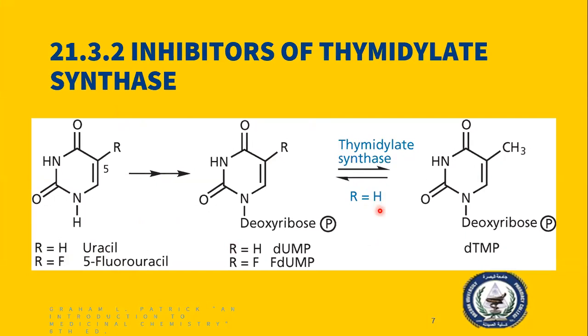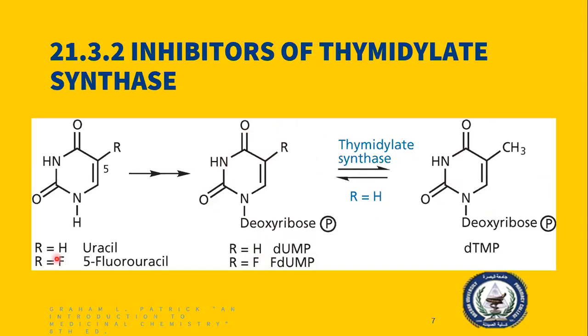They are either named after the substrate or after the product. So thymidylate synthase will take the deoxyuridine monophosphate and add one methyl group at position number 5 to make deoxythymidine monophosphate, or deoxyribothymidine monophosphate.